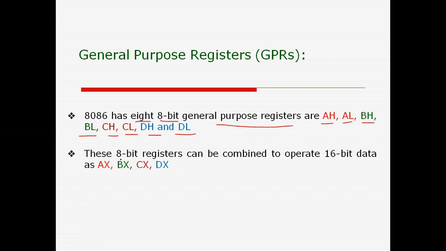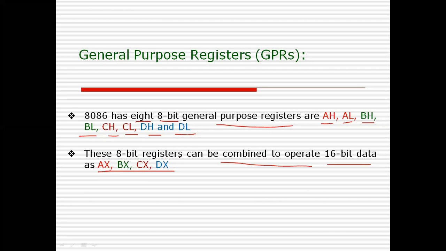These 8-bit general purpose registers can be combined to perform 16-bit data operations. AH and AL are combined as AX, BH and BL as BX, CH and CL as CX, and DH and DL as DX.